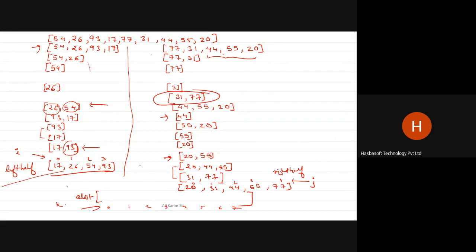So I need to be very careful here. I need to compare both of them one by one, from 0 until I reach the last value, that is index 3. And in this case, again, I have to start from 0 and go till the last value of my right half array.